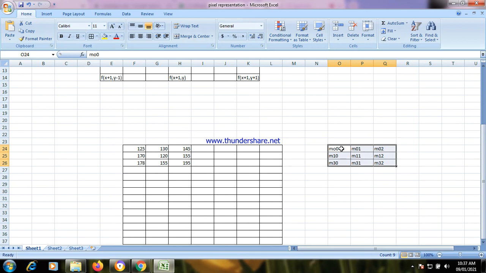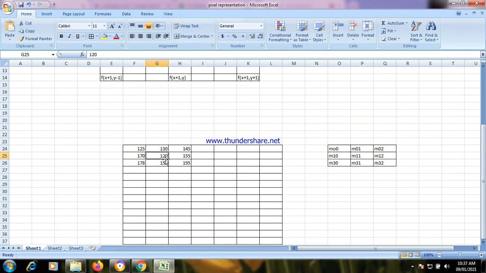In spatial domain filtering, we take the average of all these pixels, 125, 130, 145, 170, 120, 155 and so on, adding all these intensity values and dividing by the total number of pixels, which is 9. Whatever value I get, I replace the center pixel with it.